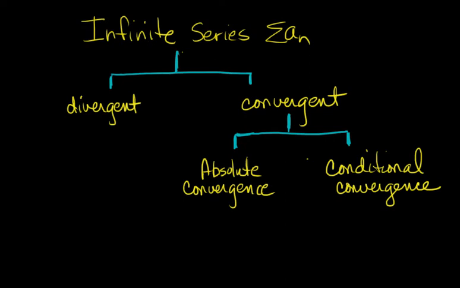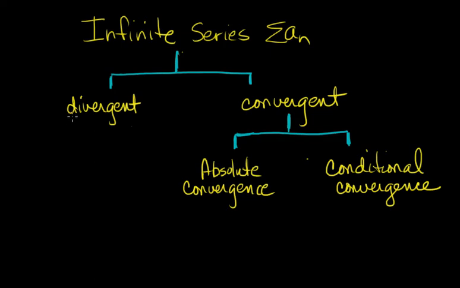Infinite series, let's just say sigma a sub n, can either be divergent or convergent. Now, we have the test for divergence that helps us sometimes, or all of the different tests that we learned in the last video to test for convergence and divergence.